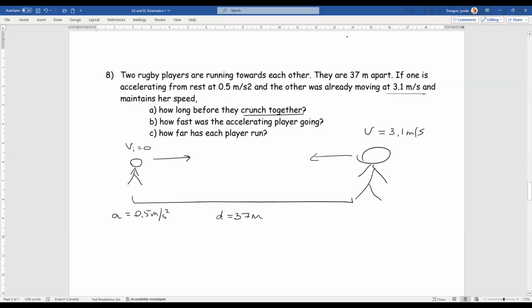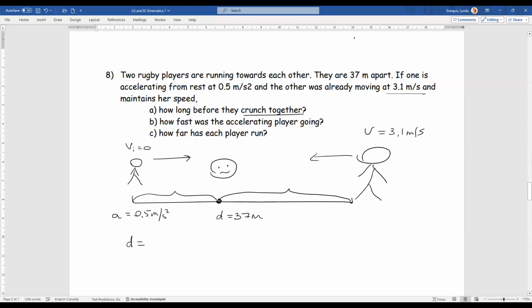When they meet each other, maybe it will be a happy end, maybe a sad end. So what you do in those situations, you relate the distance that one person ran plus the distance that the other person ran equals 37. It's a classical problem. For the first person, this player moves with acceleration.